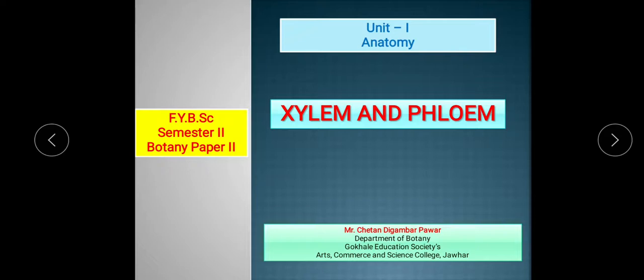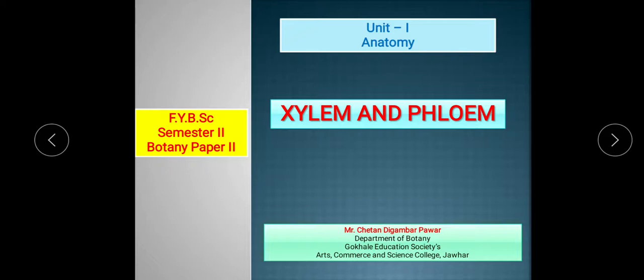Students, today we are going to see the next topic from Unit 1 Anatomy. This topic has been included in Mumbai University's FYBSc Botany Paper 2, Semester 2.